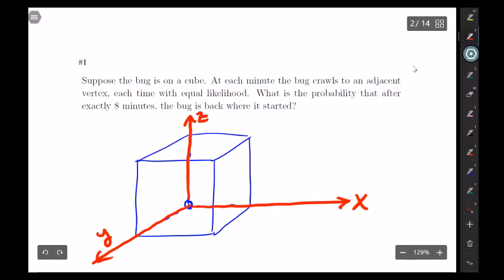And then the goal is to get back to 0, 0, 0, right? To the point 0, 0, 0 after crawling. Okay, let me give you some time to think about this one.